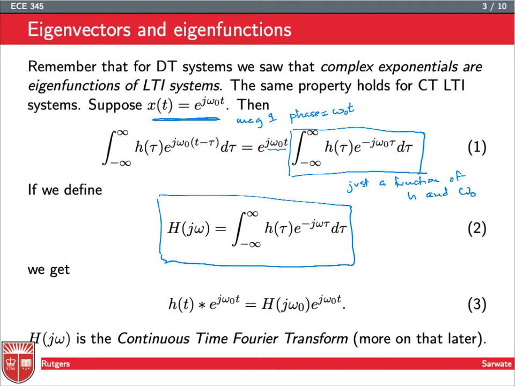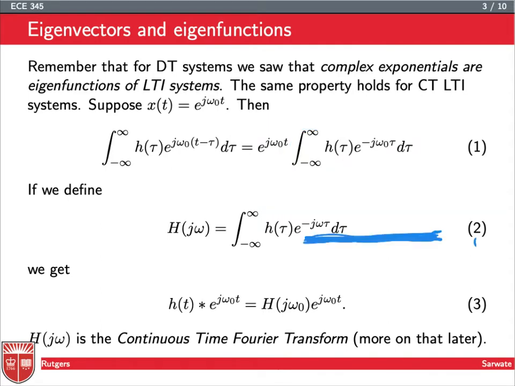What we'll see later on is that this H of j omega is actually something called the continuous time Fourier transform, and we'll have a whole section on Fourier transforms where we'll get into that. But for now, we're just defining it as a function. It pops out naturally when you consider convolving any LTI system with this complex exponential input.